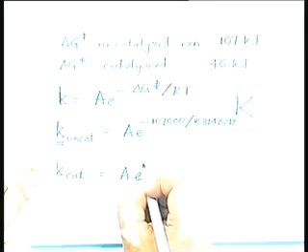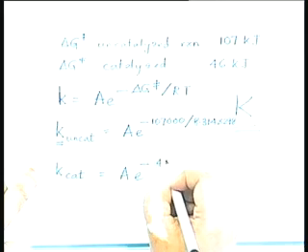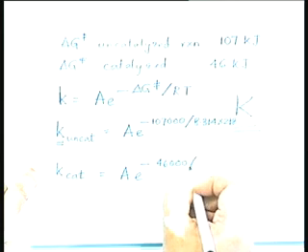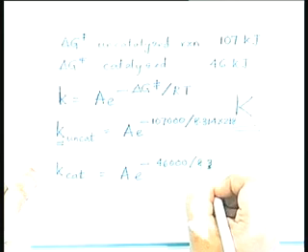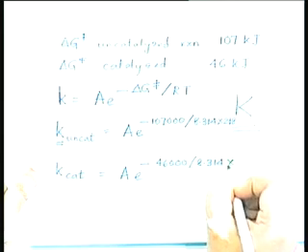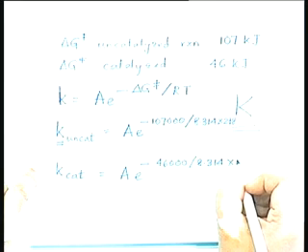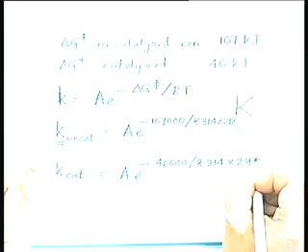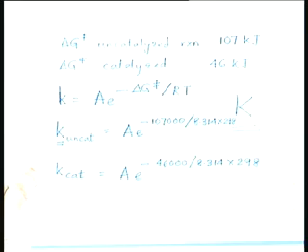Fine. What about my catalyzed? E minus 46,000, 8.314. Remember to use the right R also, 298. So, I can find out how the rate has increased for the catalyzed reaction as compared to the uncatalyzed reaction.